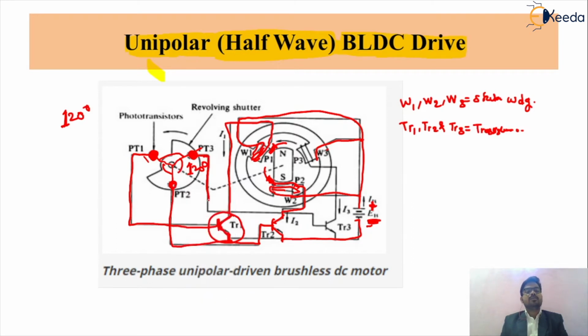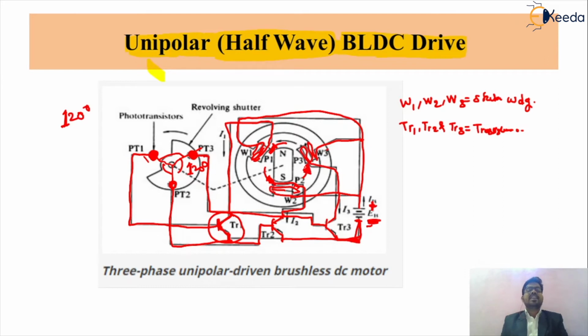Due to PT3, the supply will be given to transistor number 3, that is TR3. So due to that, the negative supply will be connected to that particular winding. So these transistors T1, T2, T3 are basically connected to the negative supply. So due to that, the path of the circuit will be complete and the rotor will rotate.